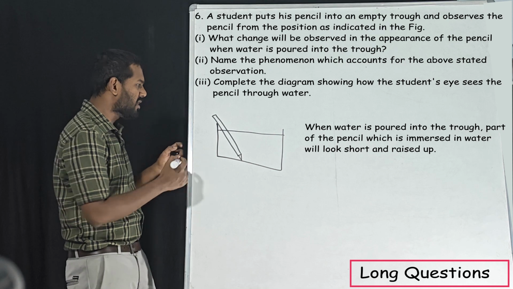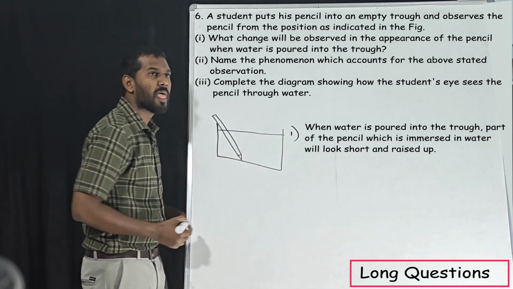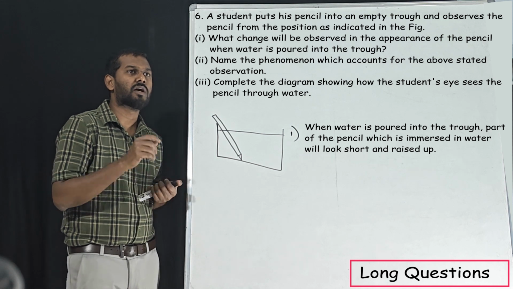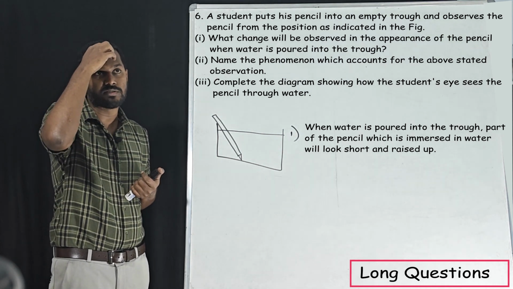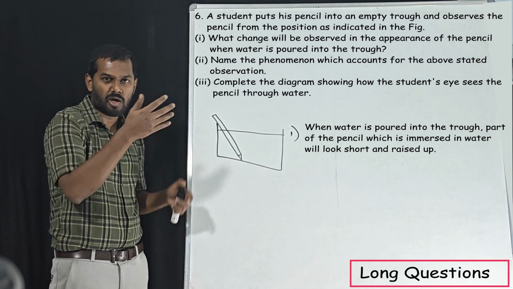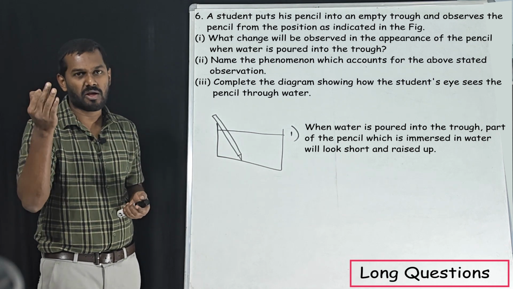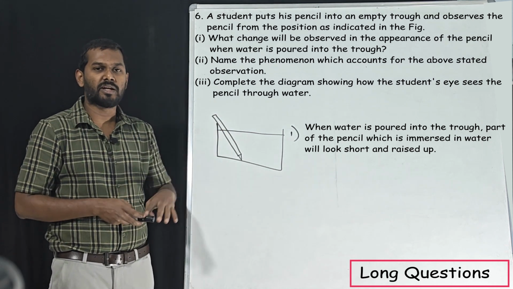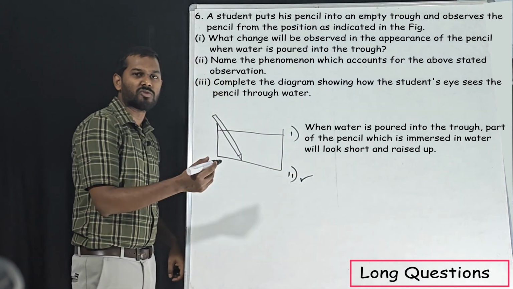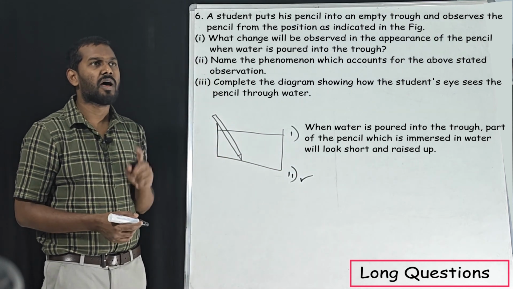This is the answer for the first question. Then the second one: name the phenomenon which accounts for this observation. Whenever something is raised up or looks shorter, that is because of refraction of light. So the second question's answer is refraction of light.